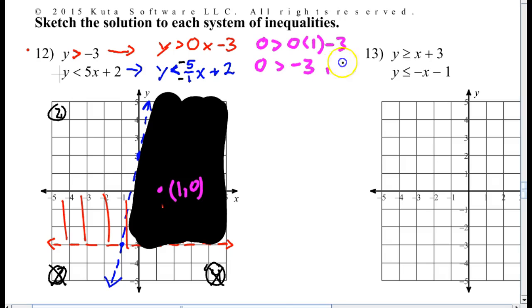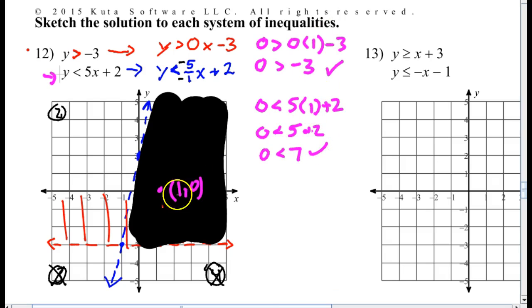So here you get a true statement, 0 is bigger than -3, and if I plug it into the second inequality as well, is 0 less than 5 times 1 plus 2, then you get 0 is less than 7, which is also true. So the fact that I picked a point in what I thought was a solution set, and I algebraically checked it with both inequalities, and they both came out true, lets me know I did shade in the right area.